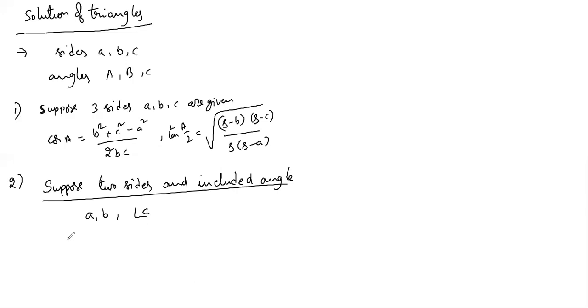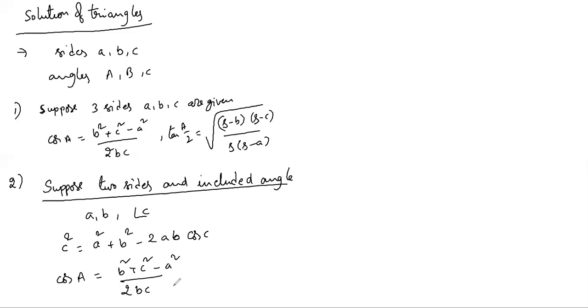C square equals a square plus b square minus 2ab cos C. By using this we find the third side, and later we can find the angles by the cosine rule. cos A equals b square plus c square minus a square by 2bc. Similarly, cos B equals a square plus c square minus b square by 2ac. Like this, we find the remaining 3 measurements.